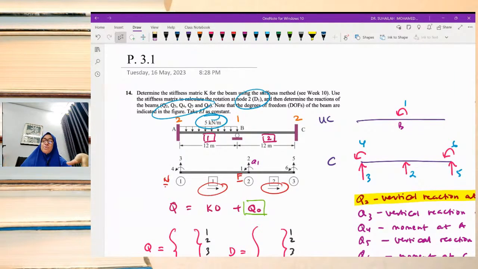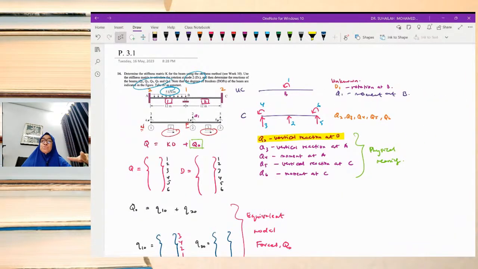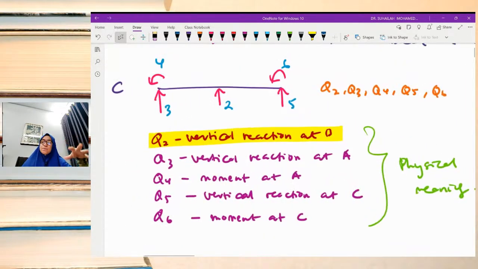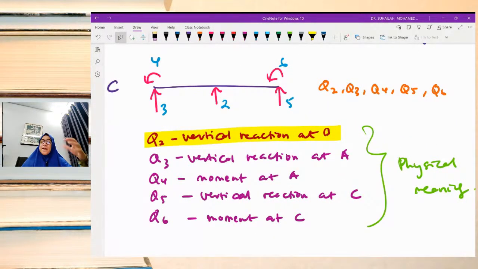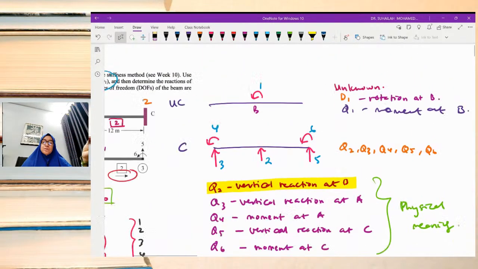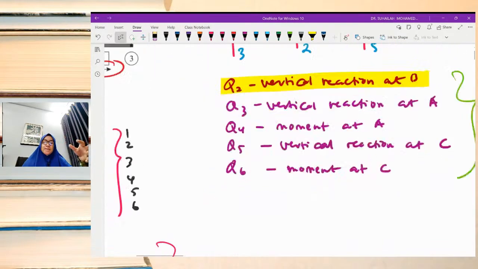Then you can follow whatever we have done tonight. You just need to understand it very well, all the terms and physical meaning. Labeling must be correct.